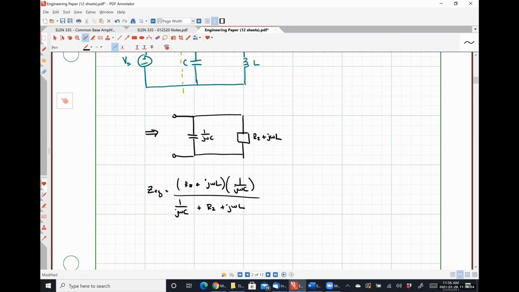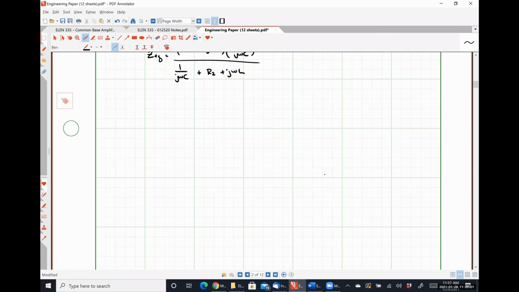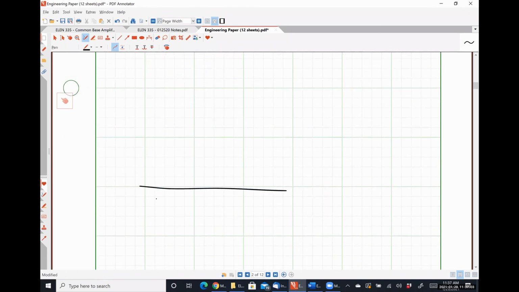Okay. So the reason why that is, just as a quick aside here, 1 over j omega C comes from our fundamental relationship of what impedance is, the ratio of the phasor voltage to the phasor current for a capacitor.